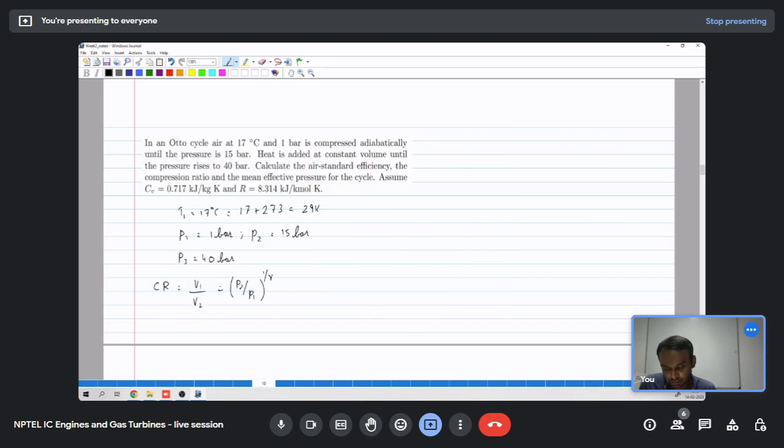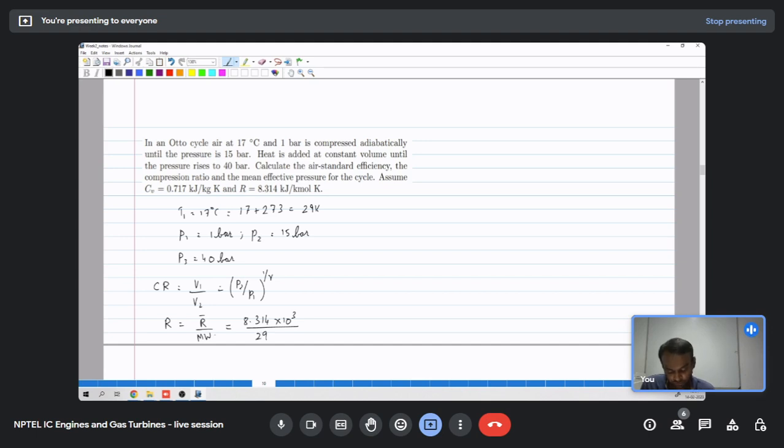So since gamma is not given, we can also calculate gamma using these given parameters, that is Cv and R. Since R is given as the universal gas constant, we need to calculate the characteristic gas constant, which is R is R bar by molecular weight, which will be 8.314 into 10 power 3 in SI units divided by 29.